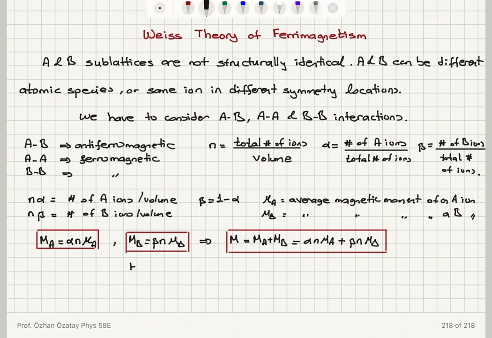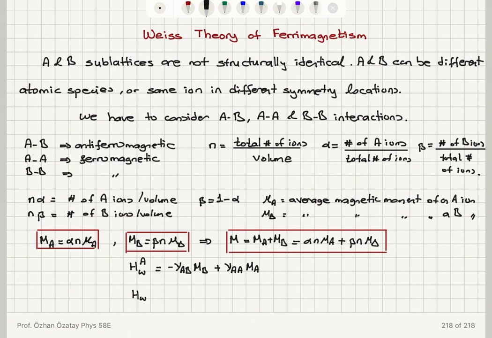The Weiss molecular field acting on the A sublattice, due to the antiferromagnetic interaction with the B sublattice, is minus gamma AB MB, and due to the ferromagnetic interaction with the A sublattice, plus gamma AA MA.